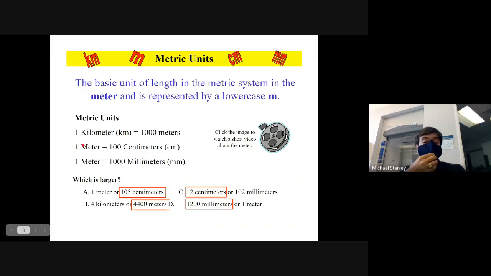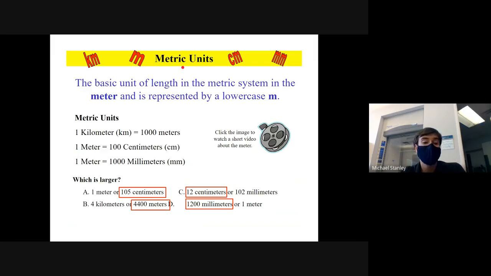And one of the reasons why scientists like the metric system is that it's very easy to convert between smaller and larger units. What I mean by that is that in the English system, we have 12 inches in a foot and 3 feet in a yard and 1,100 yards in a mile. So all these random different types of measurements.